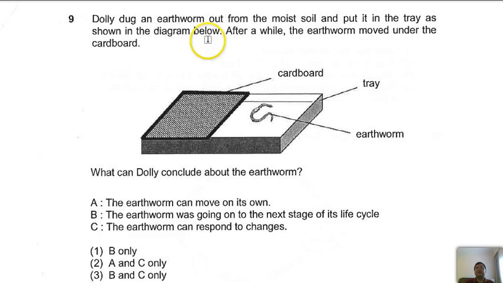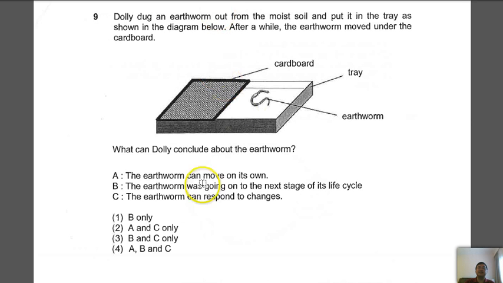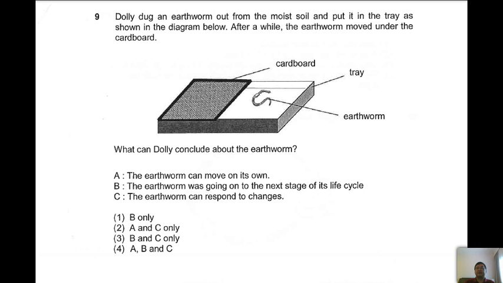For this I would like to reduce the size so we can see the whole question. Just hang on. Okay, I've adjusted this. Dolly dug an earthworm out from moist soil. It means wet soil. And put it in a tray shown in the diagram.